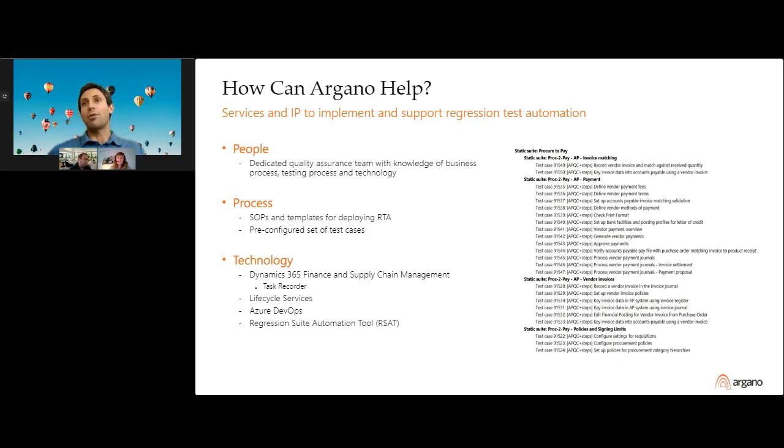And we have a dedicated validation and quality assurance team with knowledge of not just business processes, so think about procure-to-pay, expenditure, as well as your receiving, et cetera, business cycles, but also of the testing processes, the level of detail that needs to go into the different types of testing, as well as the technology in which these processes rely upon, as well as the technology that actually performs the test automation itself.